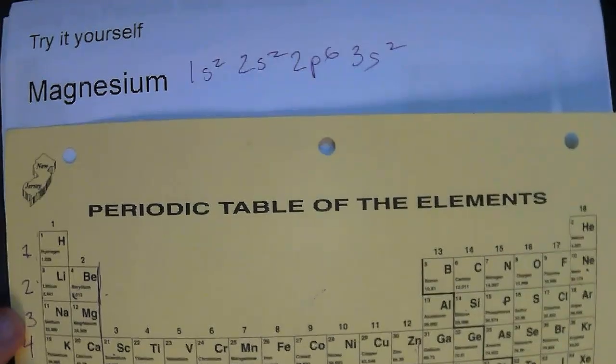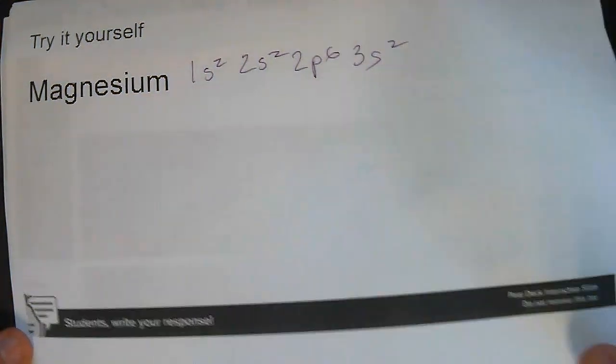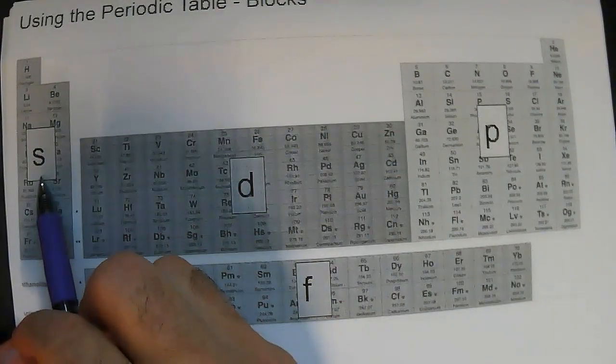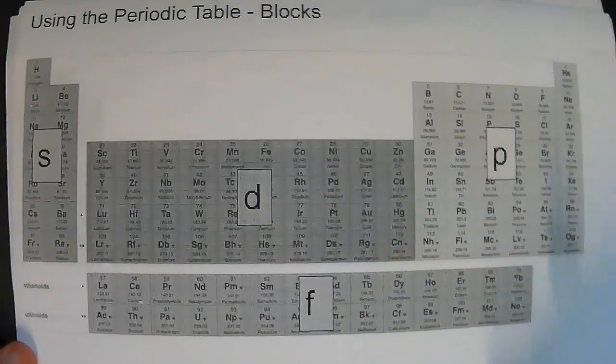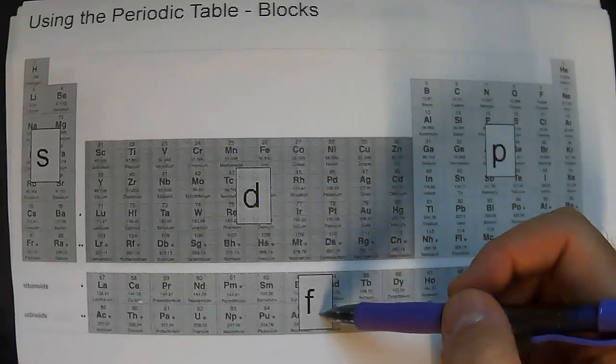So what we've been doing really is using the periodic table to tell us what we've got. Remember that this is the S block, this is the P block, these are the Ds. We're not going to do too much with the Ds, but that doesn't mean we won't see Ds occasionally. And then here's the F block.